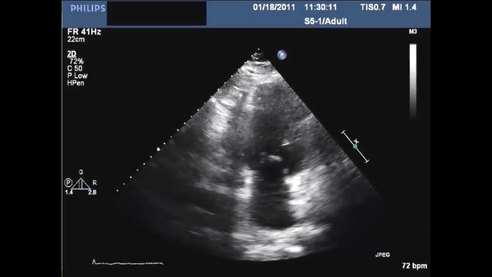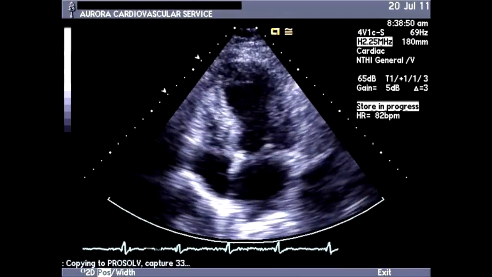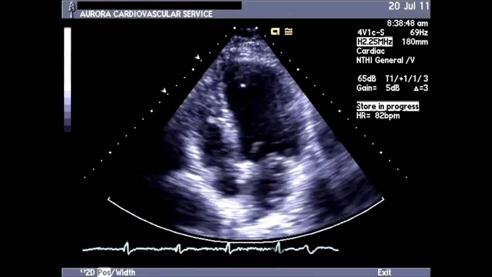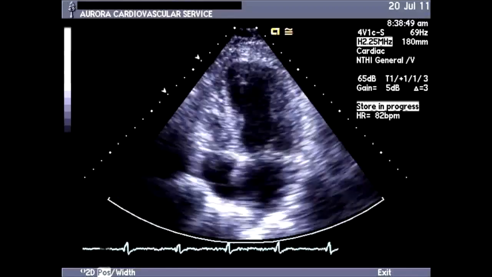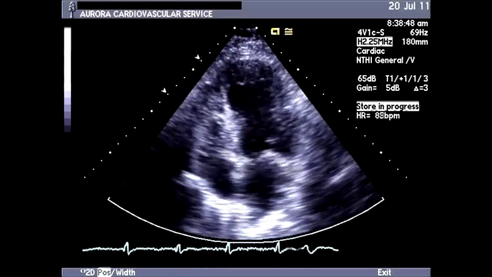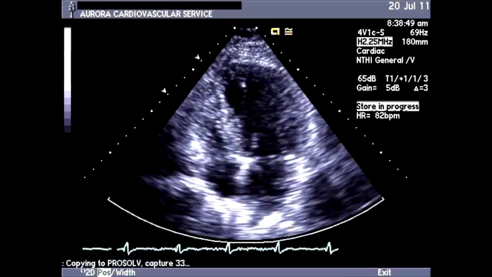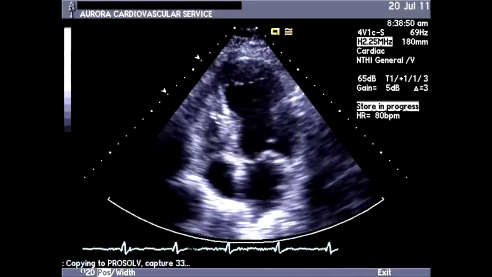Is contrast indicated? And here's case number 3. Again, apical 4-chamber view. Basal walls look like they're contracting somewhat, but that apex is very unhappy, extremely unhappy.